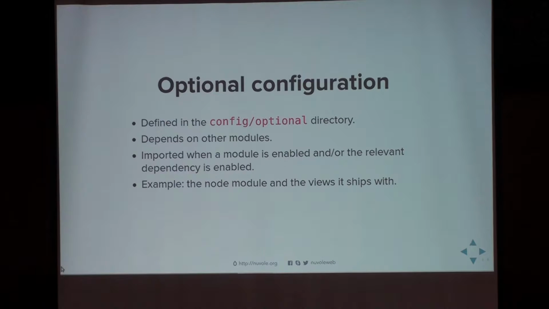So for example, in core, the example is the node module that ships with views. The node module as such doesn't depend on views directly, but some of the configuration that it provides, namely the views, depend on views, obviously.